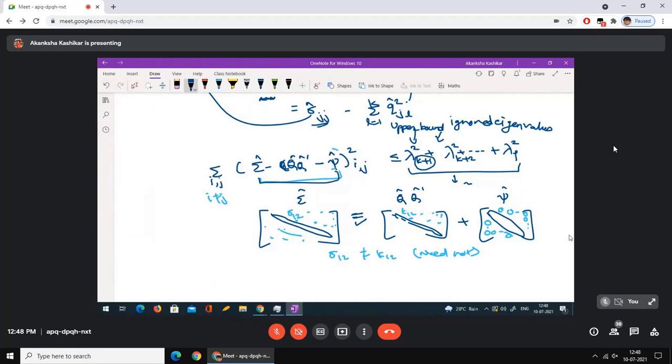So sum of squared error would be less than or equal to this. So if lambda k plus 1, lambda k plus 2 up to lambda p are actually negligible, then my error would be pretty low, which would mean that my approximation is quite good. My solution estimation method has performed quite well. Is it okay?